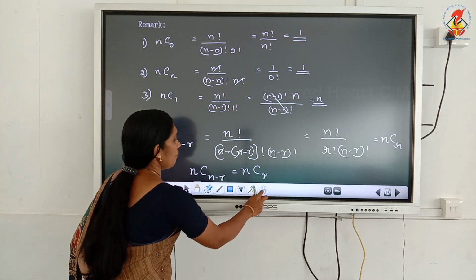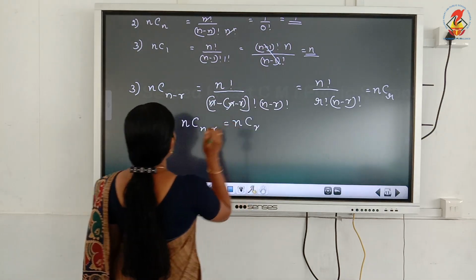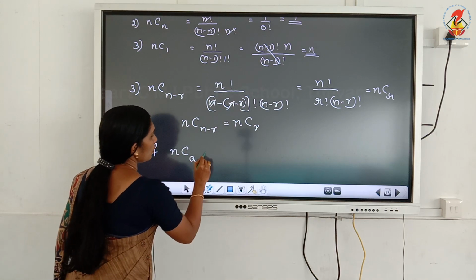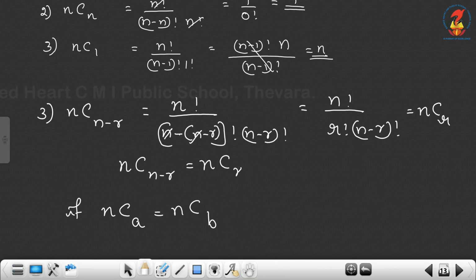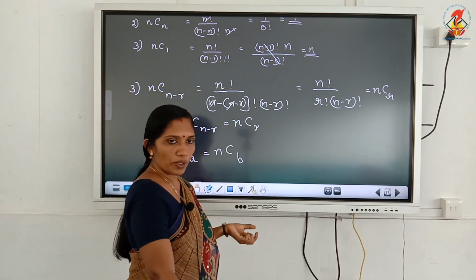Okay. So from this we can deduce one result, that is if nCa is equal to nCb. Here look, nC(n minus r) and nCr are equal, but this n minus r and r are not equal.